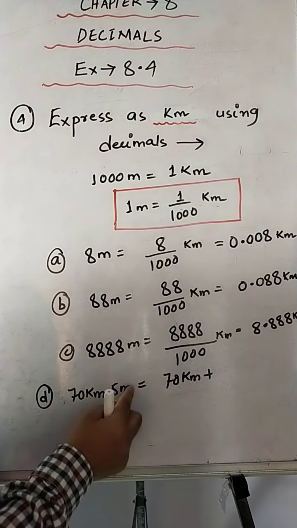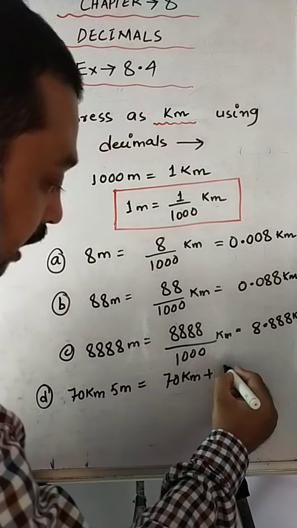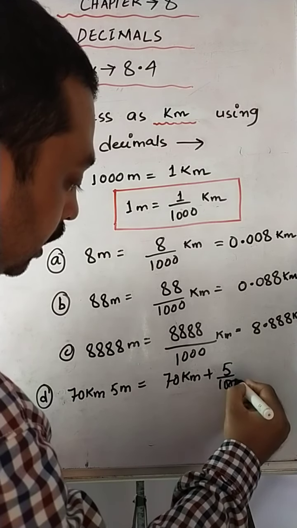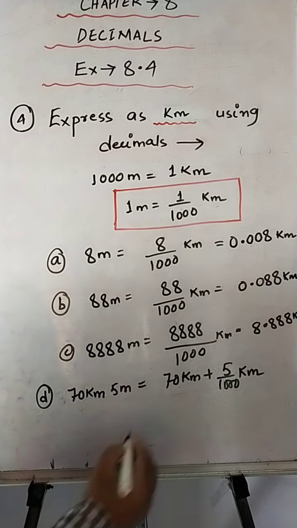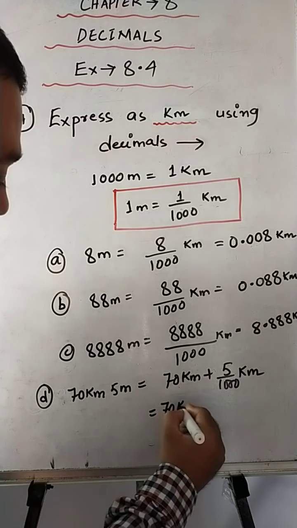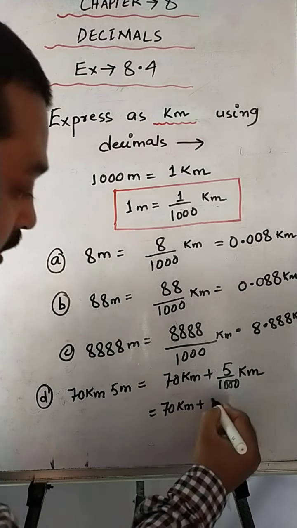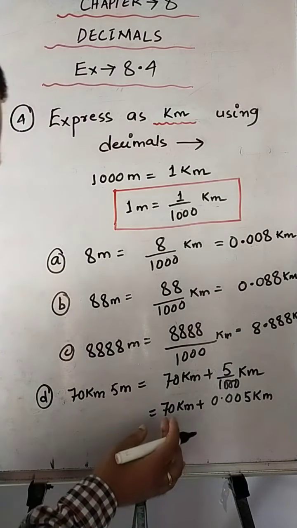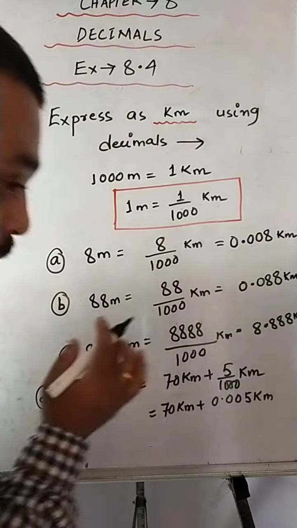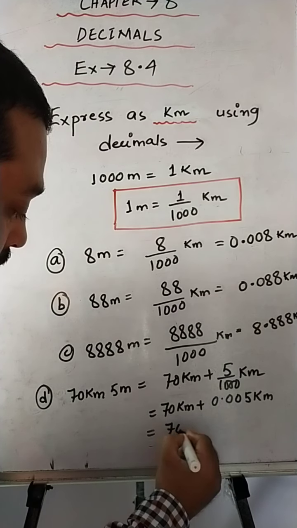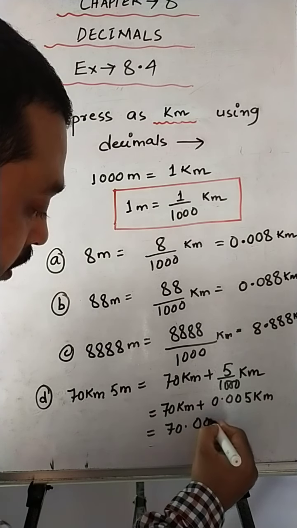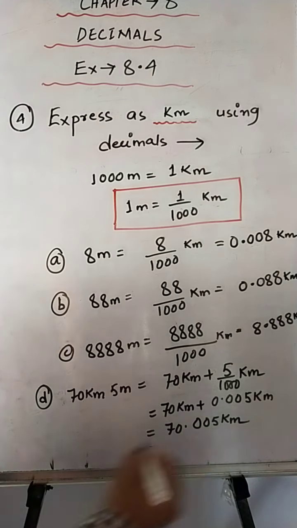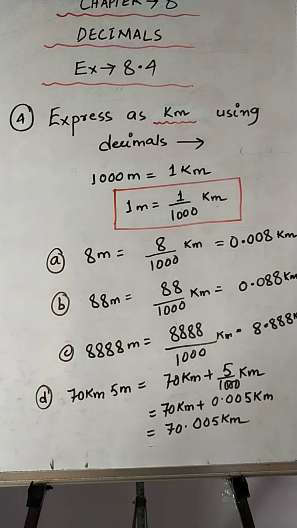Now put a plus sign and convert this into the kilometer form, so that would be 5 by 1000 kilometer. 5 by 1000 means what? 0.005, and if you add 70 plus 0.005, you will get the answer as 70.005 kilometer.